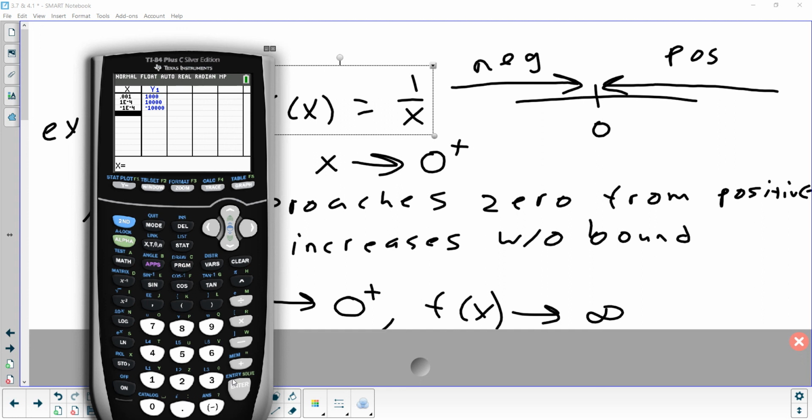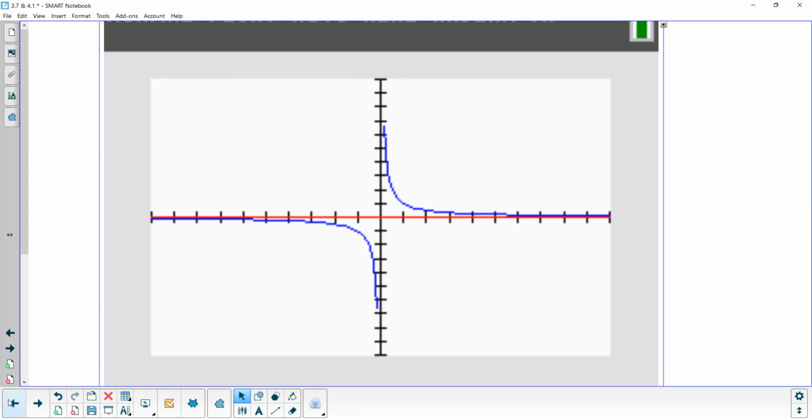So what do you think is happening as I approach 0 from the negative side? What's my y value approaching? Negative infinity. And that's why when you look at the graph, as you start to approach 0, all of a sudden, that goes straight up and it approaches infinity. As you come at it from this way, all of a sudden you drop off and it goes to negative infinity.